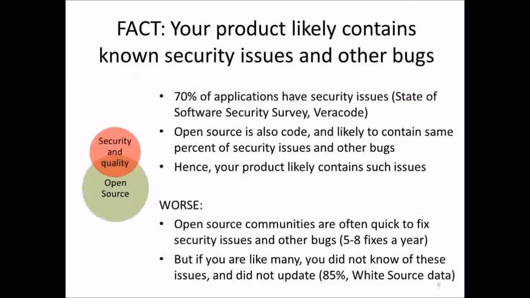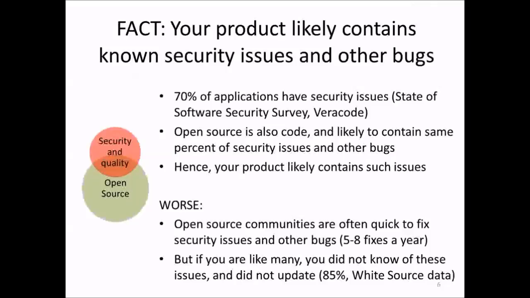And the fact is that if you're developing software, then it's likely that your products already contain known security vulnerabilities and possibly other bugs that were brought in by open source components. We have a very recent survey by Veracode of this year, showing that 70% of applications have security issues, in part due to vulnerable open source components.